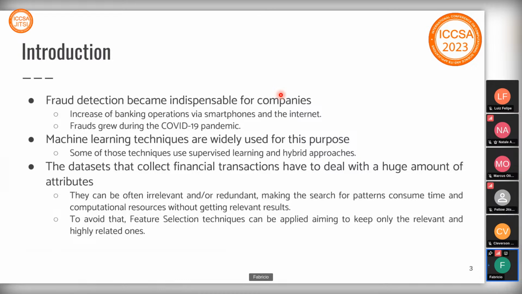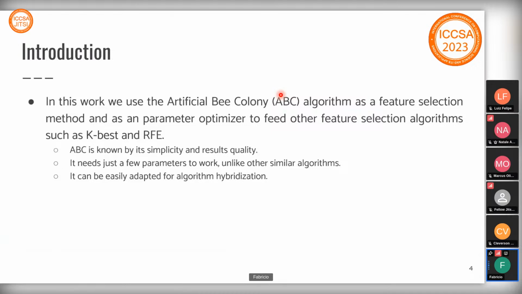So to avoid this problem, we may use feature selection techniques to keep only the features that are relevant to the problem being treated. In this work, we used the artificial bee colony algorithm as a feature selection method. It's also used as a parameter optimizer to feed the other algorithms that find the best features, like K-best and RFE.